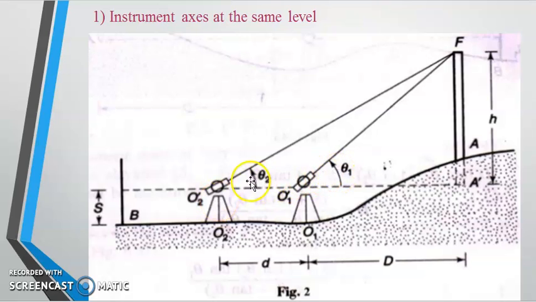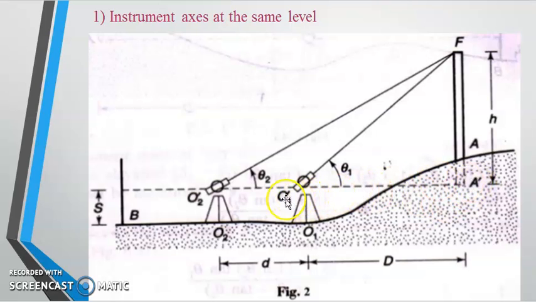Theta 1 and theta 2 are the vertical angles made by the instrument at O1 and O2 respectively. Now again, as I said, we are going to use a trigonometric concept to get the RL of point F. We will be considering two triangles: F O2 dash A dash and F O1 dash A dash.